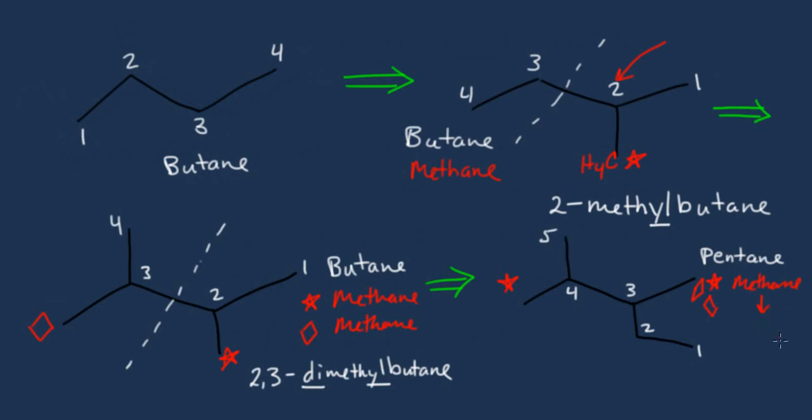Okay, so now we need to just make sure that we've numbered this correctly. So we have the correct length, which is a 5 long carbon chain, and it looks like we have the correct substituted groups, which are 2 methanes, but we need to number the parent chain in such a way that it gives us the lowest sum of substituted groups. And so that's kind of confusing. So let me just show by example.